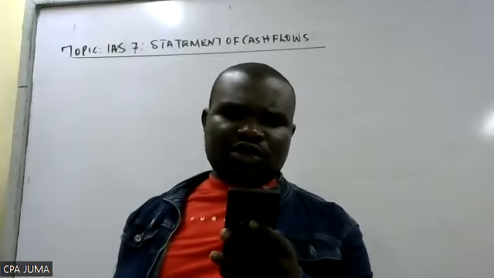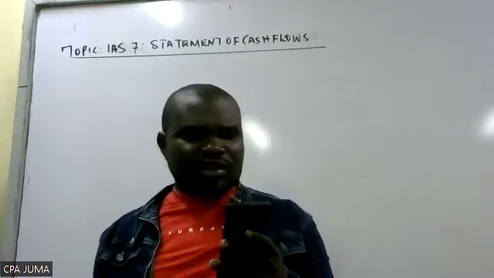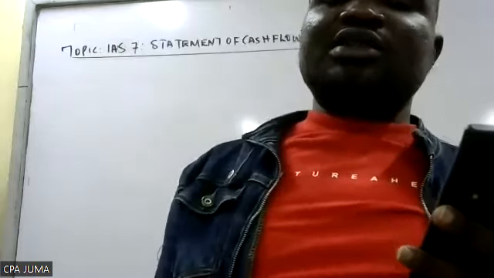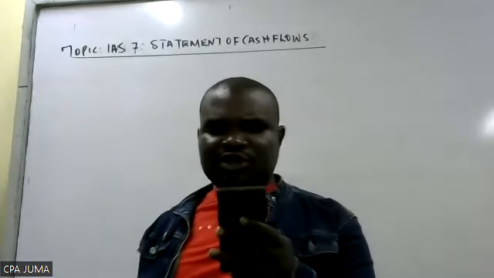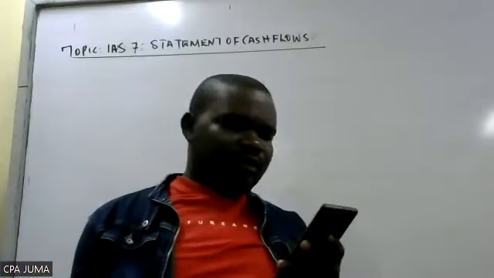Direct method shows each major class of gross cash receipts and gross cash payments, including cash receipts from customers and cash payments to suppliers and employees. The main limitation of the direct method is that it fails to take into consideration the working capital components.